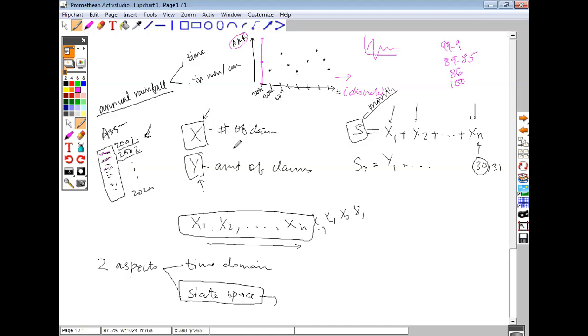Whenever I'm looking at a process, the way I define a process to be continuous or discrete depends on both of these. I have a time domain, which can be discrete or continuous, and a state space, which can be discrete or continuous. So we have these 4 combinations of time and state space that will give you various different kinds of stochastic processes that we will be looking at.